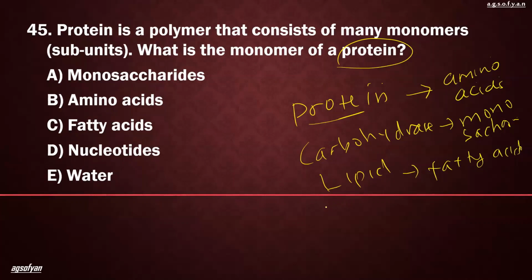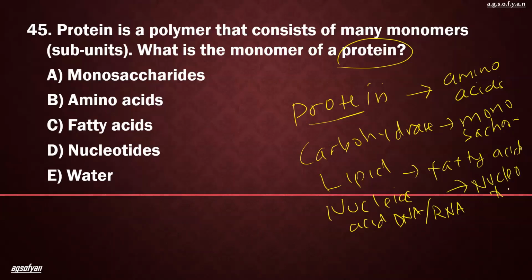If it is nucleic acid, like DNA, RNA, the monomer will be nucleotide. Okay, so memorize this monomer and polymer. So proteins will be amino acid.